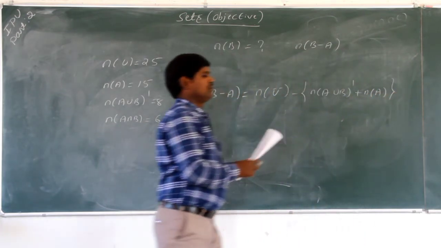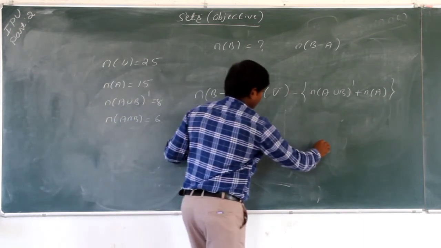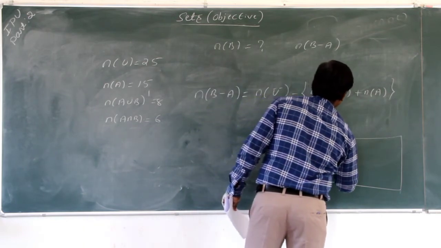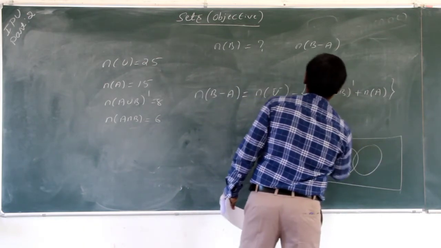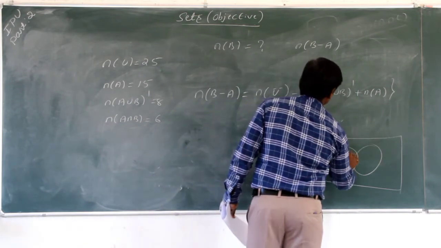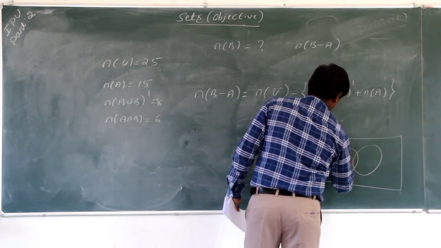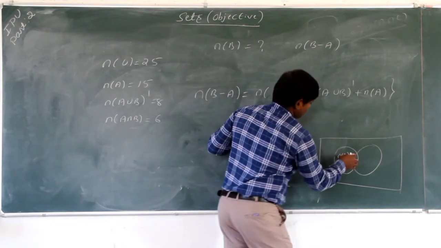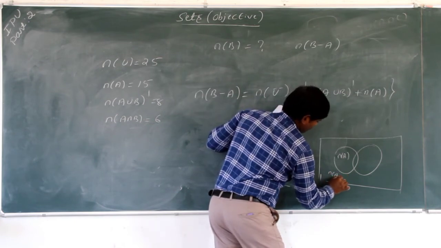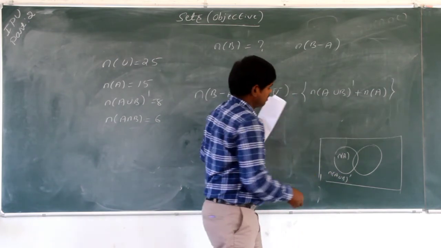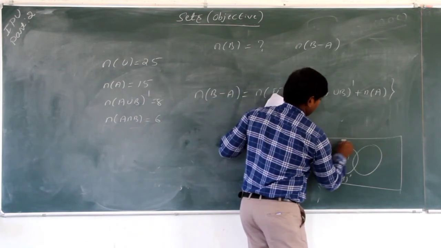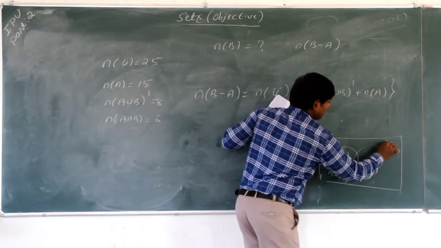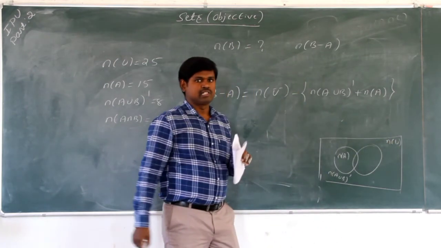See here, I will explain this with the Venn diagram. This is the universal set, this is n(A), and this is n(B). So this region is (A union B)', and the total region is n(U), the number of elements in the universal set.